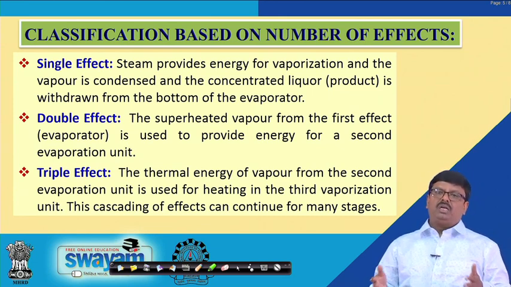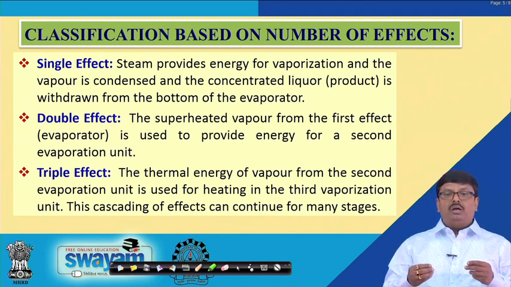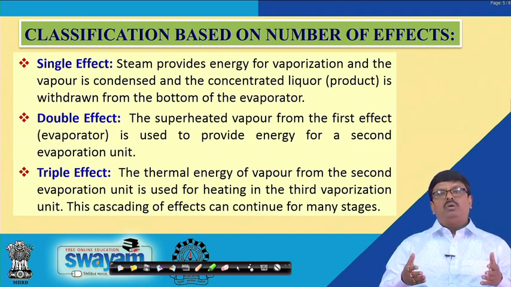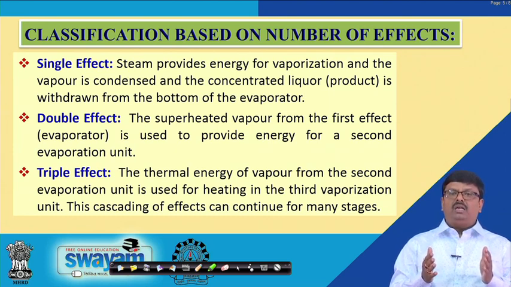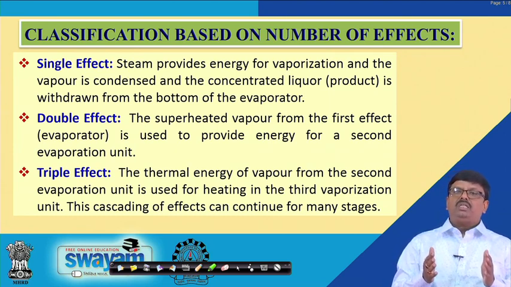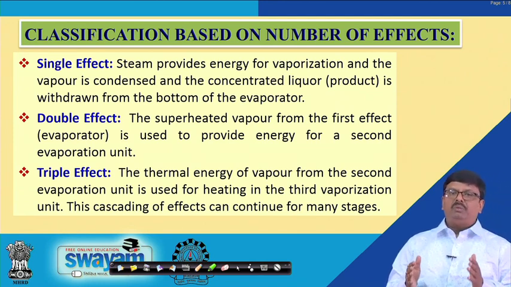Actually, the number of effects we use depends on our aim, to get a good yield, a good amount of product within a short span of time, and to optimize the process parameters, considering the process effectiveness and the cost effectiveness of an evaporation unit.